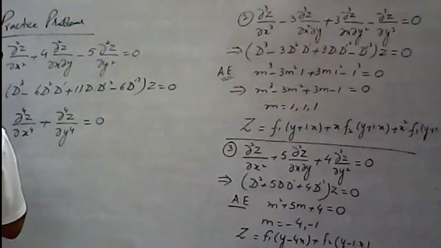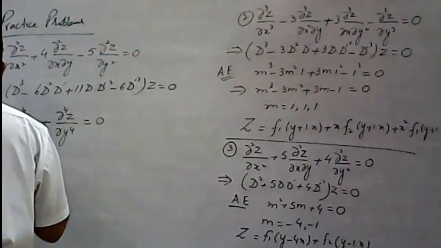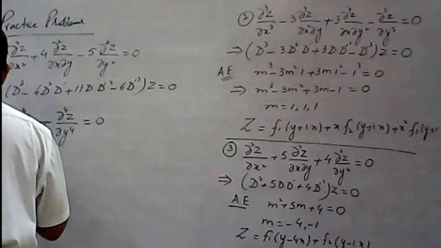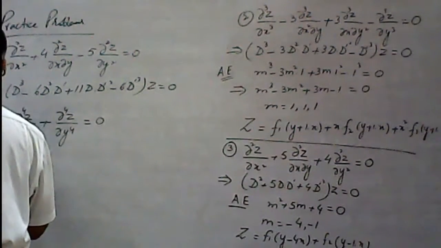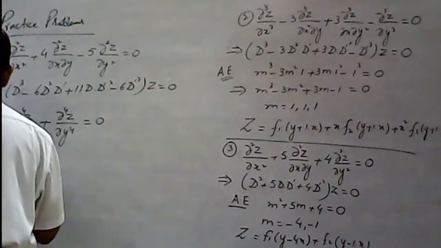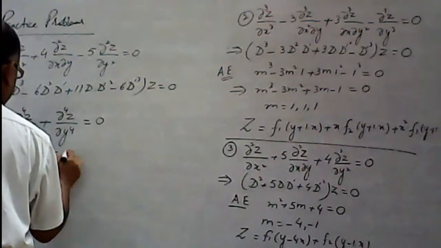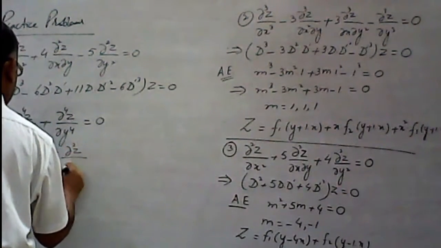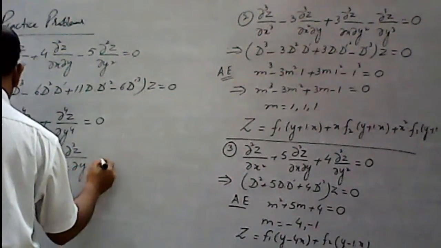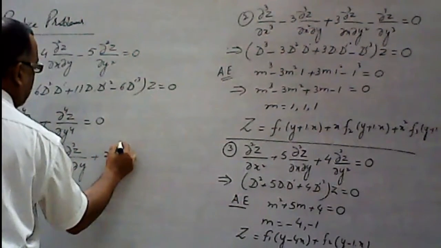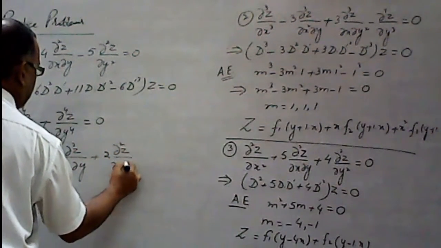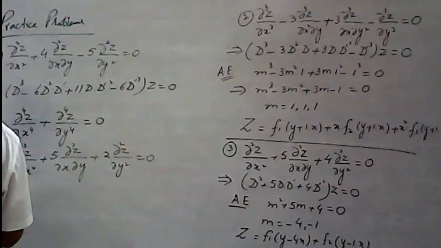Then number 4: 2 partial 2z over partial x square plus 5 partial 2z over partial x partial y plus 2 partial 2z over partial y square equal to 0.